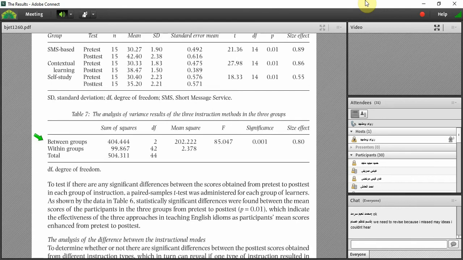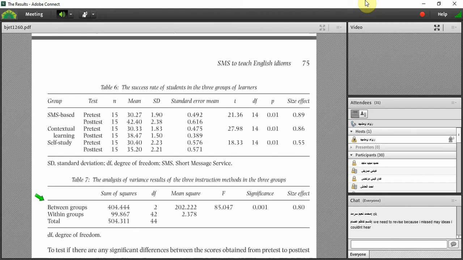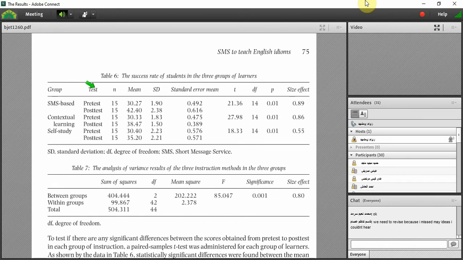Let me show you an example. As shown by the data, it's a very good example. Listen carefully. As shown by the data in Table 6, statistically significant differences were found between the mean scores of the participants in the three groups from pre-test to post-test. This is Table 6. But did you recognize any significant relationship by looking at these numbers?